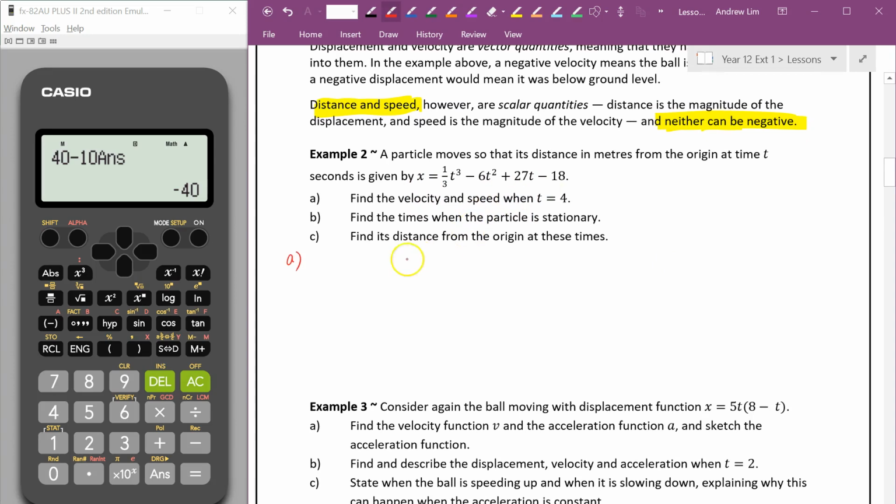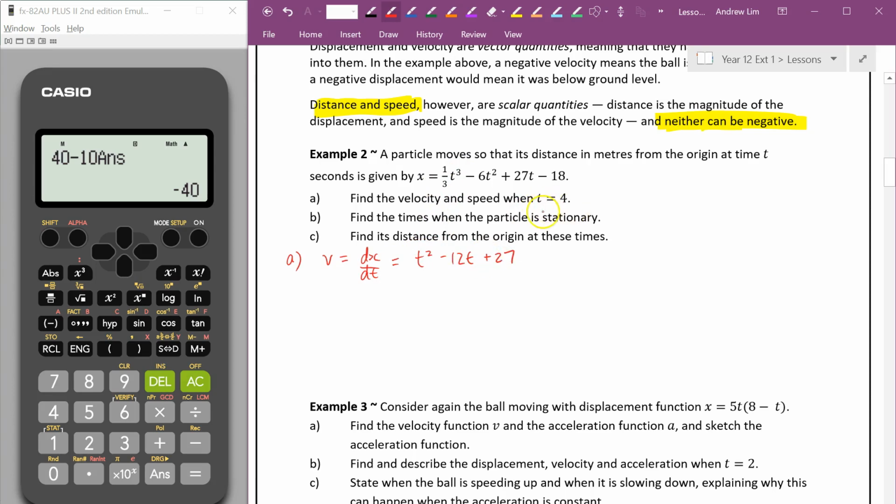So we need to find velocity. We are only given displacement, so we need to differentiate with respect to time. When we differentiate this, we get t squared minus 12t plus 27.